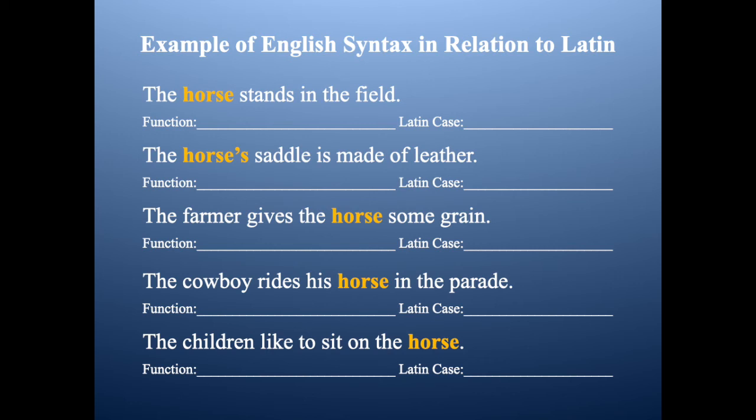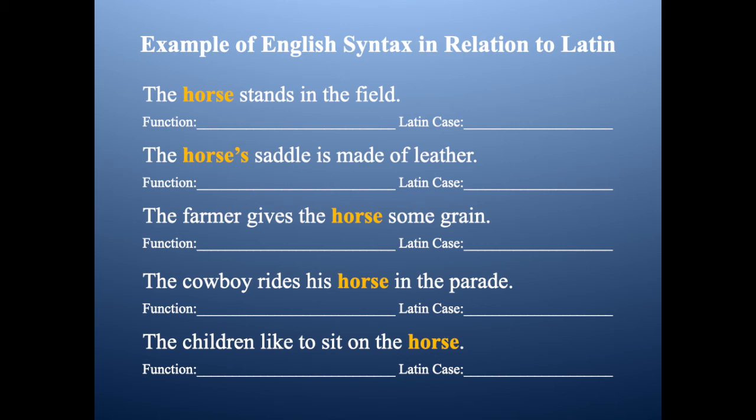English is, by and large, a non-inflected language. In other words, we start with a word. The word doesn't change. We don't add things to it. It's non-inflected. It just changes position in the sentence to show the function of a word. So the noun horse can have 5 functions.